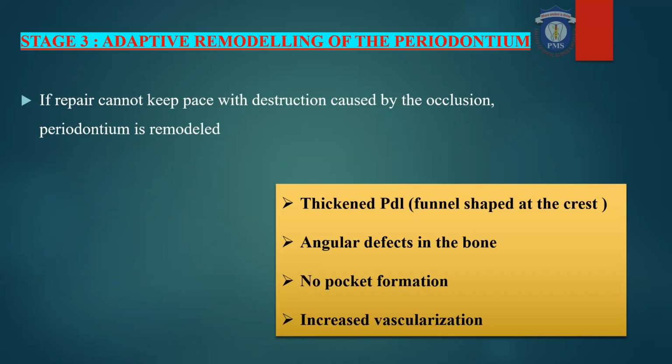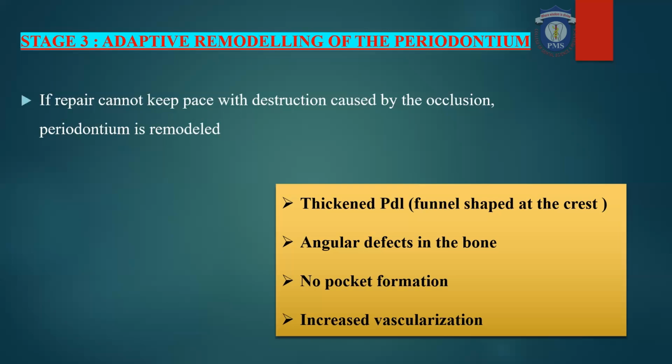So these are the various tissue responses. What is happening if there is a traumatic occlusion? The tissue responses are categorized into 3 different stages. Stage 1 is the injury stage, stage 2 is the repair stage, and stage 3 is adaptive remodeling. In stage 1, the injury stage, there will be formation of areas of pressure and tension.